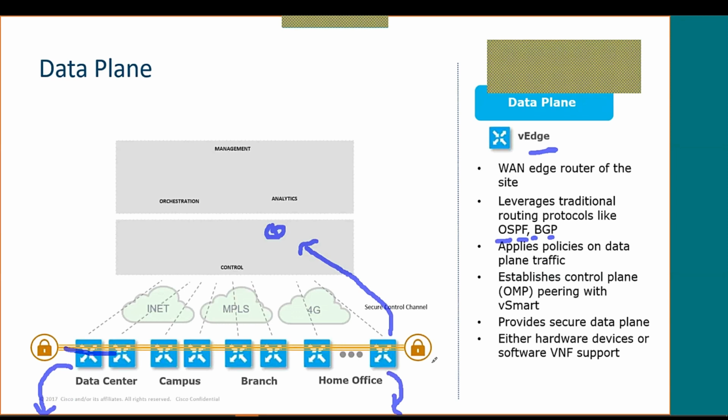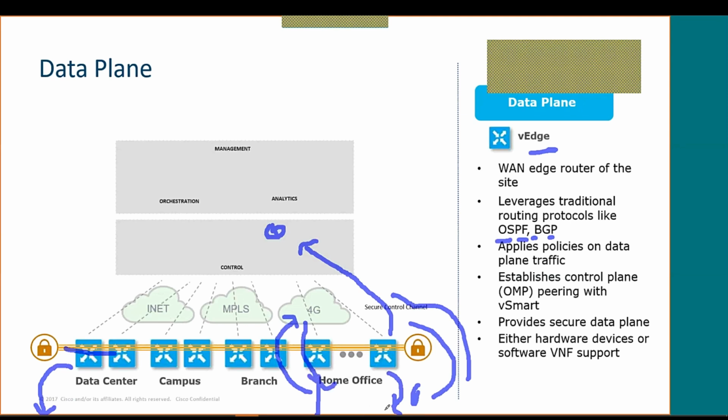So redistribution is a primary requirement here. If I run OSPF, I need OSPF to OMP redistribution, and OMP to OSPF redistribution to receive the routes. Likewise EIGRP to OMP, and then OMP to EIGRP redistribution.